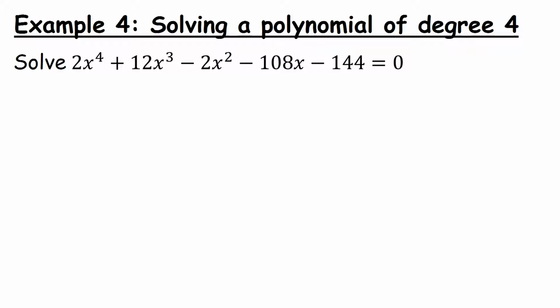So we're going to approach this like we solve a cubic. So we're going to look straight away at the last number here, so minus 144. And just like when we were looking at a cubic, that minus 144 is basically narrowing down the numbers that we're going to use for our trial and error to find the first root.